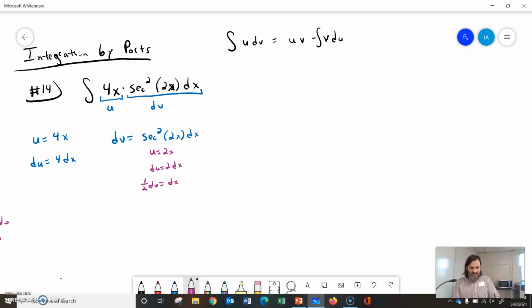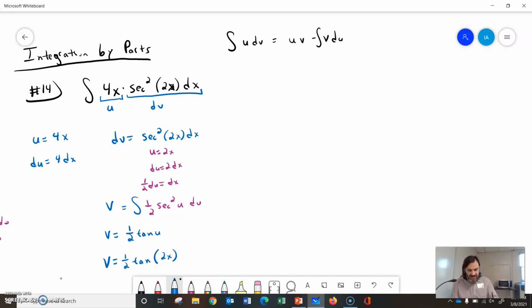So when I try and integrate this thing, I'll have v equals the integration of 1/2 secant squared u du, which will give me that v is 1/2 tangent of u. So going back to the original variable, it will be 1/2 tangent of 2x.